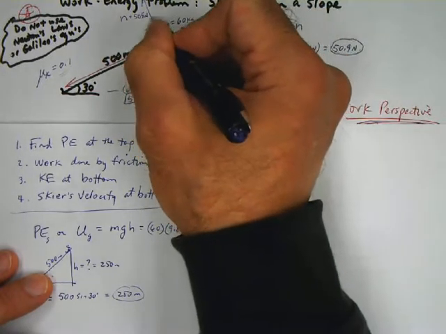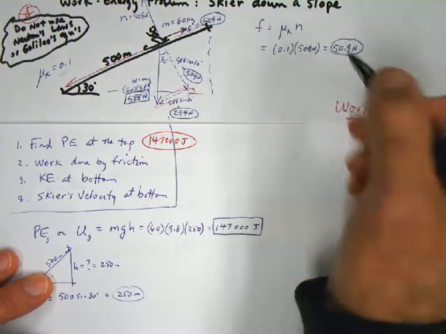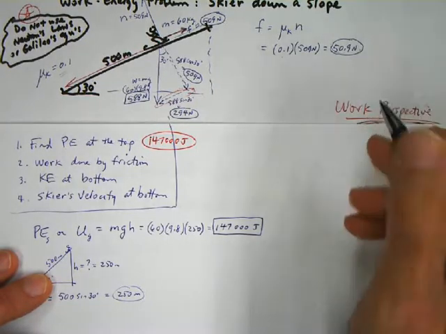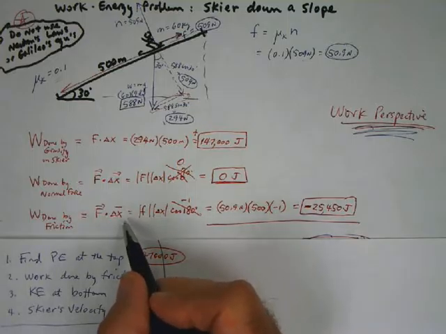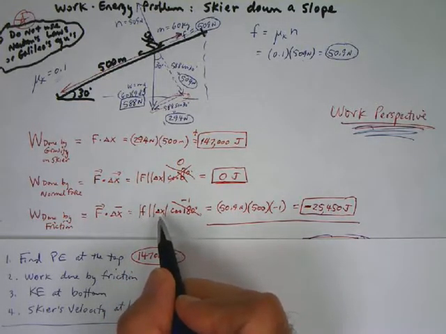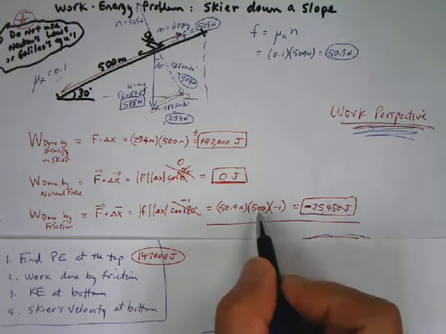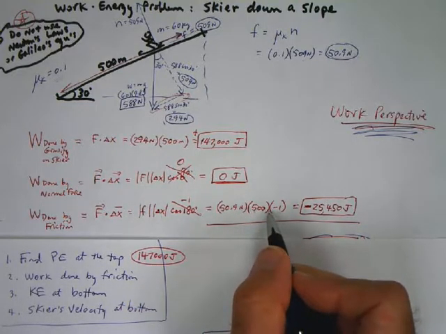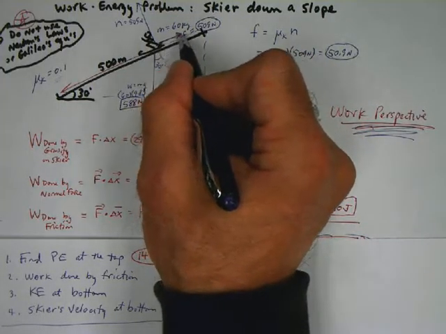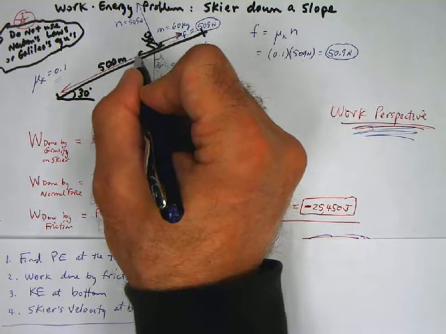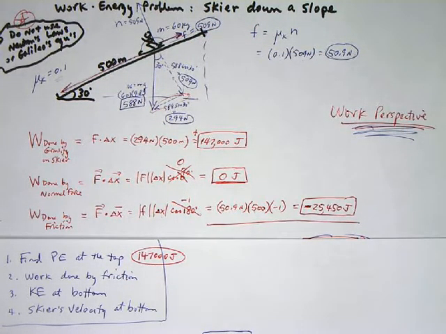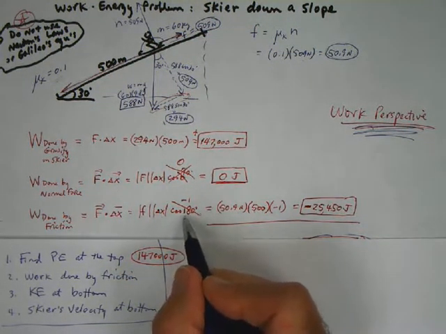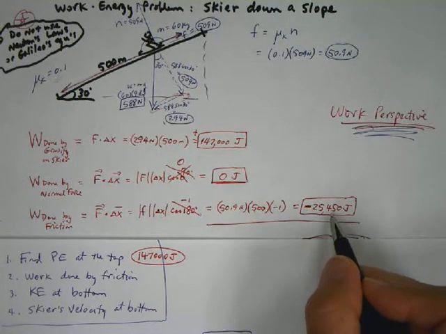We multiplied it by the distance moved, 500 meters, and then multiplied by a cosine of 180 because we saw that frictional force is pointing to the right, the displacement of 500 meters is pointing to the left, the angle between them is 180 degrees, cosine of 180 is -1. So we got negative 25,450 joules.